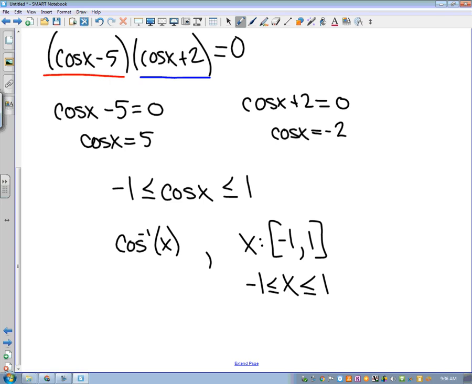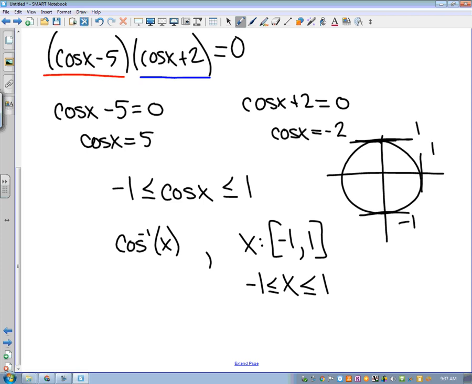I really like introducing the unit circle when we're talking about this. If you look at that unit circle with the condition in mind that the unit circle gives me the value of the cos of an angle or the sine of an angle, the highest value of y is positive 1, the lowest value of y is −1, and we see that similar concept with the x values as well.